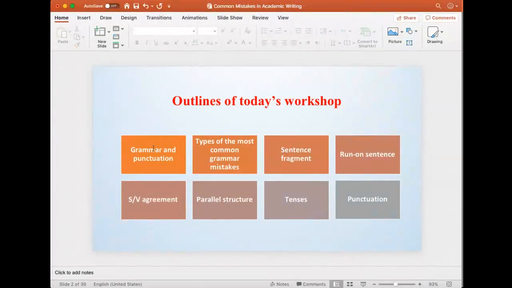So here we will focus on grammar and punctuation, and specifically the most common grammar mistakes. We will look at sentence fragments, run-on sentences, subject-verb agreement, parallel structure, tenses, and punctuation. These are normally the most common issues where students make mistakes in academic writing.